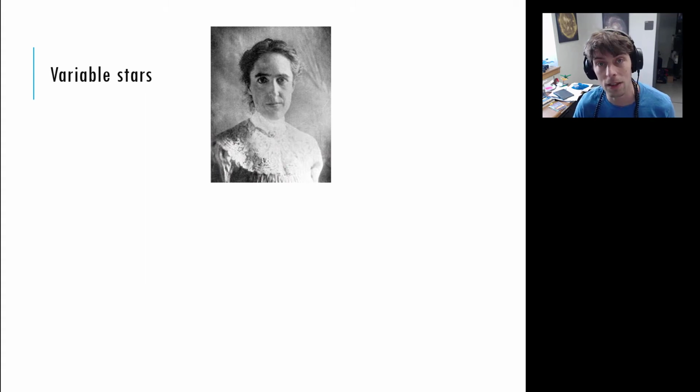And Henrietta Swan Leavitt studied these variable stars. And in fact, in one of the papers that she produced, she studied something like 25 or 30 variable stars. And she did something that nobody else had thought of yet. Okay? She plotted the period of oscillation versus the magnitude.